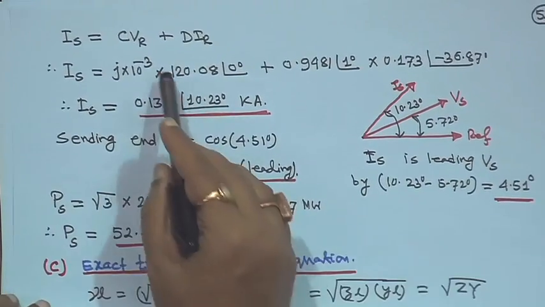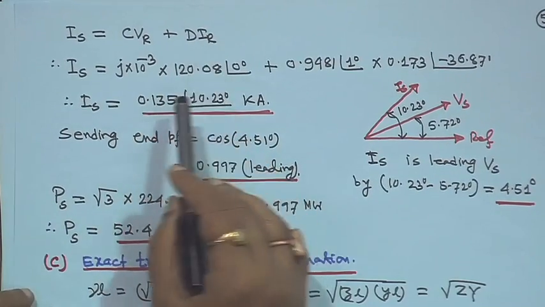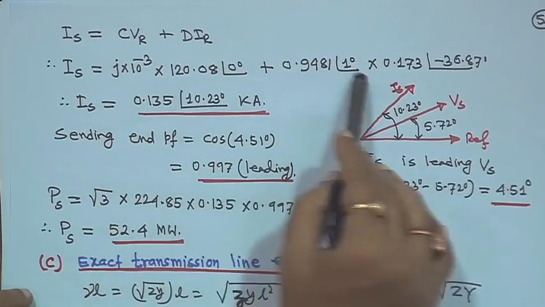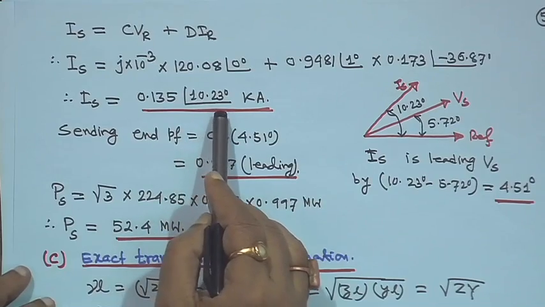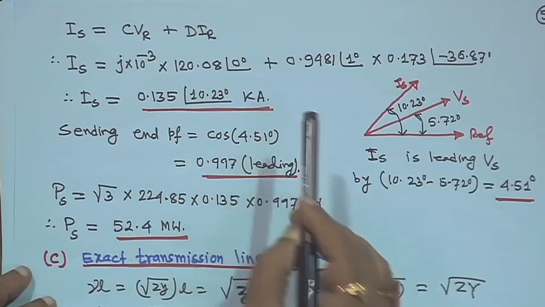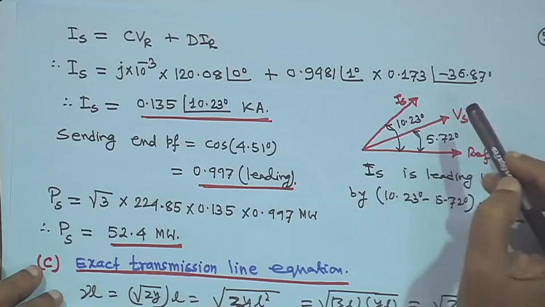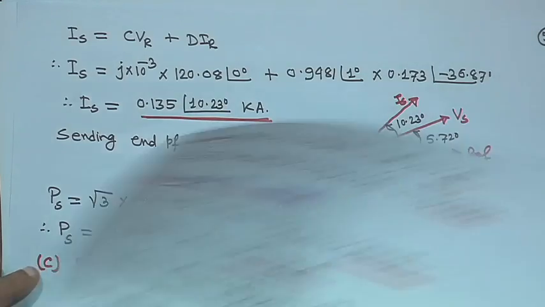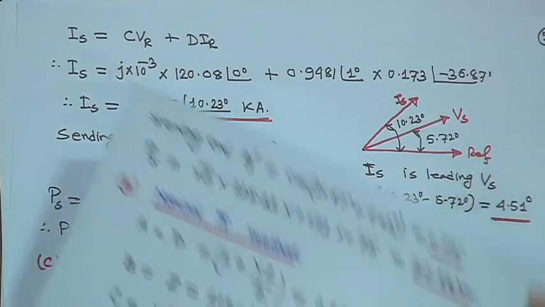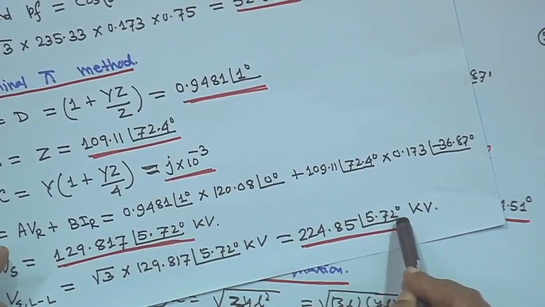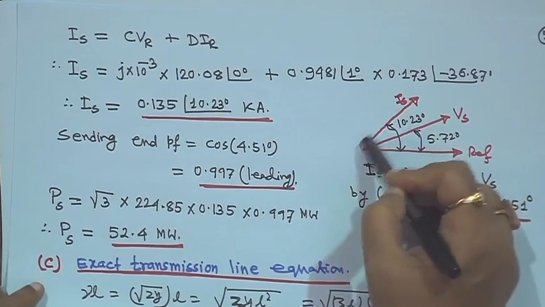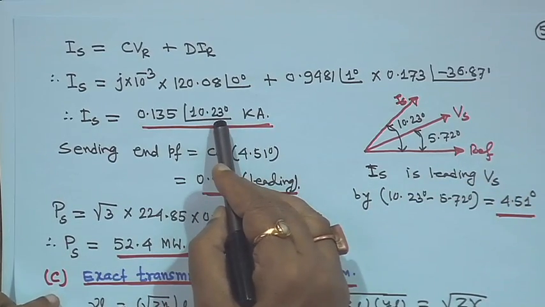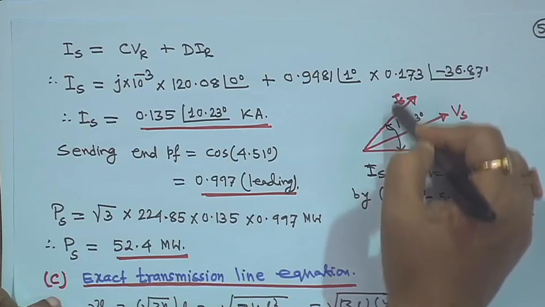This is the line to line voltage. Next, the sending end current Is is equal to C VR plus D IR. Put the C, D, VR and IR values here and you will get Is equal to 0.135 angle 10.23 degree kilo ampere. Take this reference line: Vs line to line is at 5.72 degree, and the current Is is at 10.23 degree from the reference line.